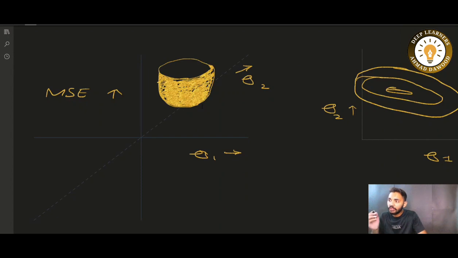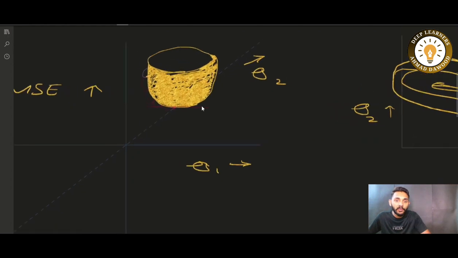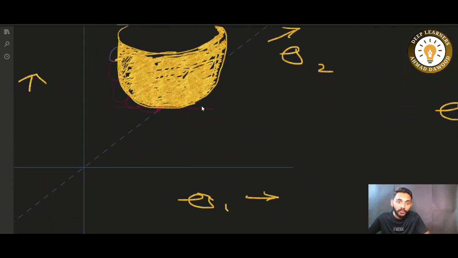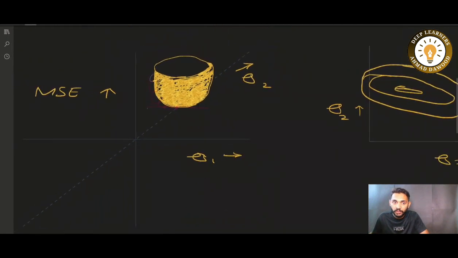If we visualize it, our plot will be bowl shaped, and if we run the gradient descent algorithm, it will move in the direction where we find the minimum of the plot, the minimum mean square error.